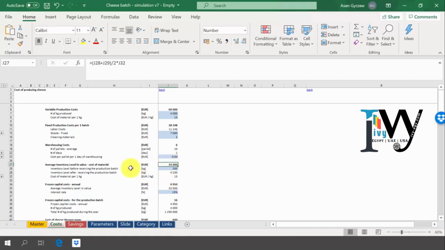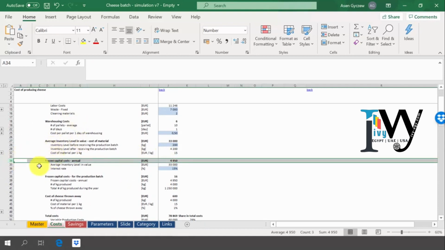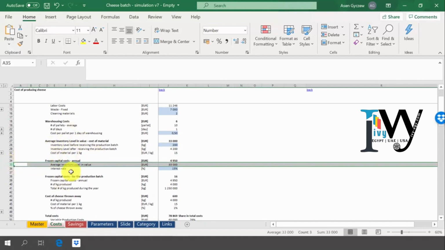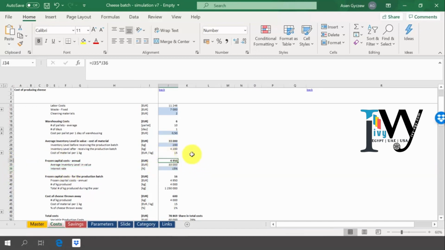Obviously, this is the average level of the stock of finished goods, but only cost of material. So we don't calculate fixed cost. Now, we use that to calculate the annual cost related to this average inventory. And this is simply a multiplication of the average inventory level in value and the assumed interest rate in row 36. So out of that, we get that annually we spend 5,000 on that.